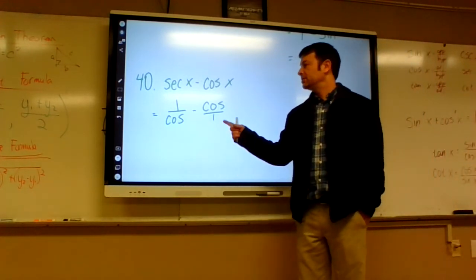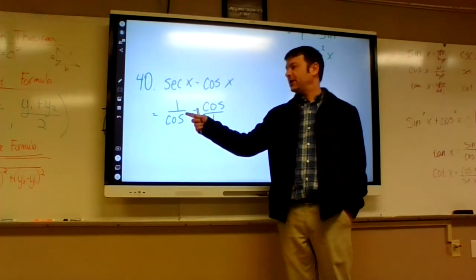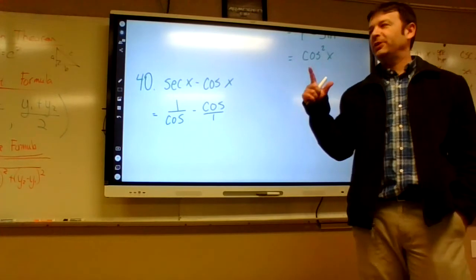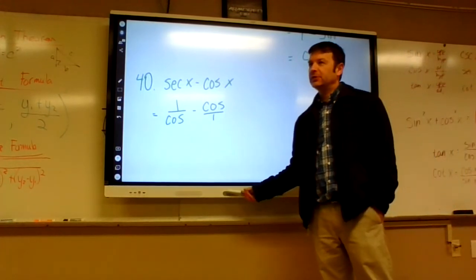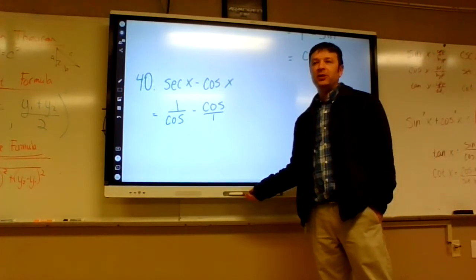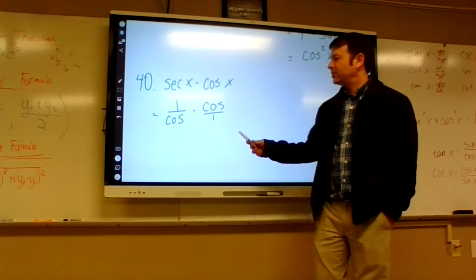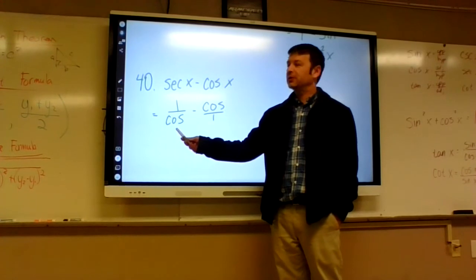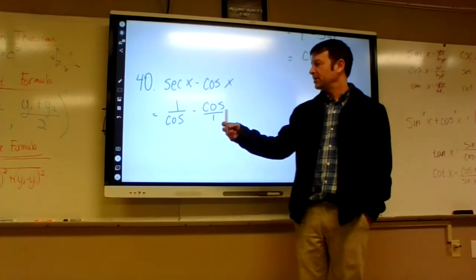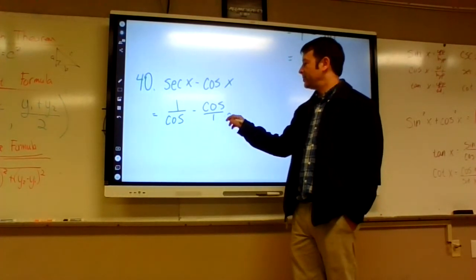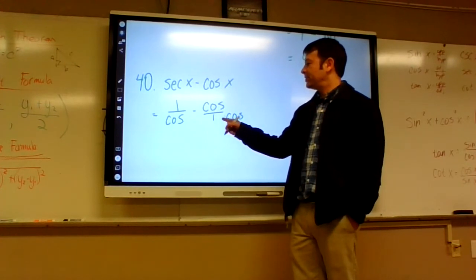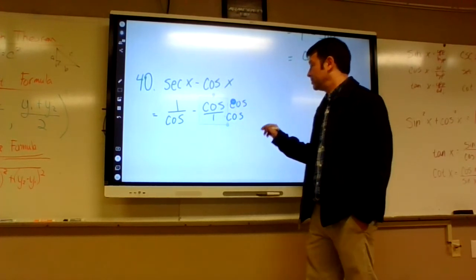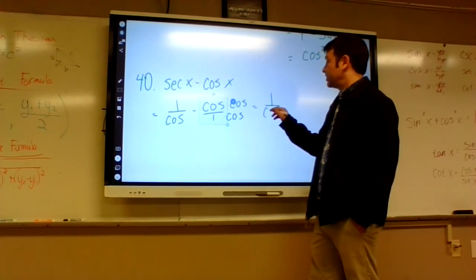When we're adding and subtracting fractions, what do we always need to have? A common denominator. What's the common denominator going to need to be between 1 and cosine here? Cosine. Anything you do on the bottom, you have to do on the top.